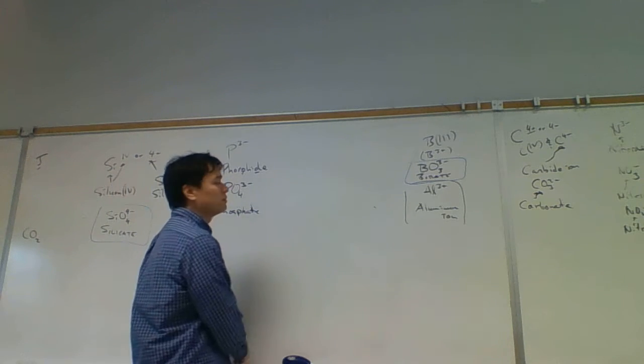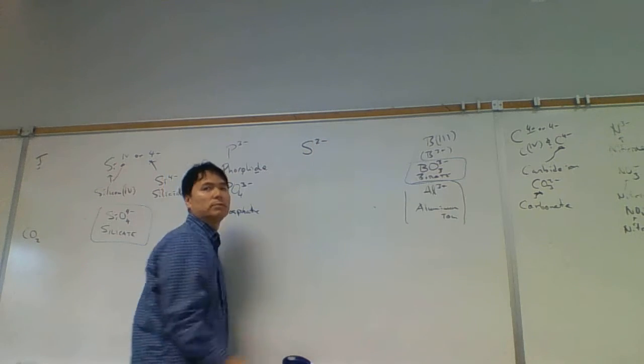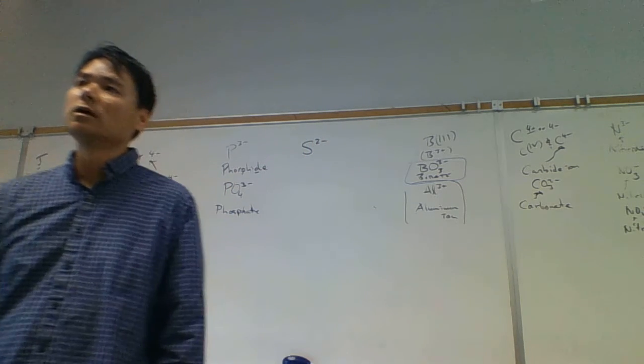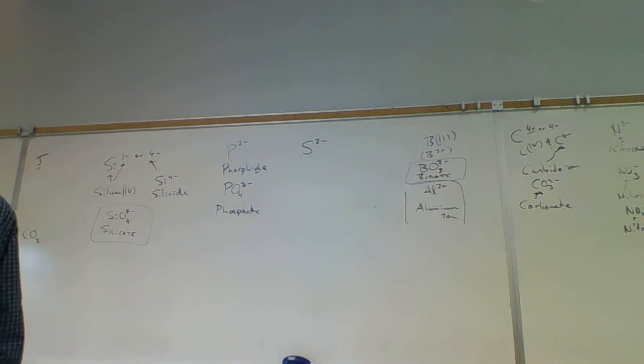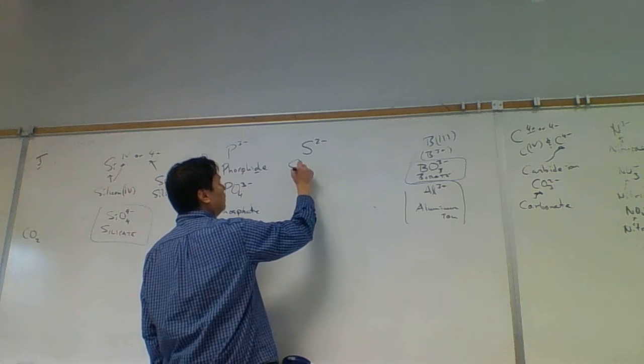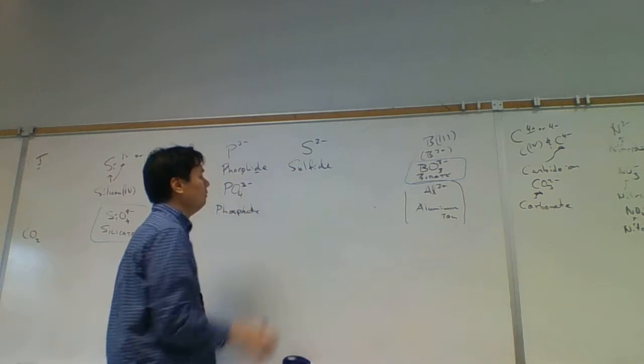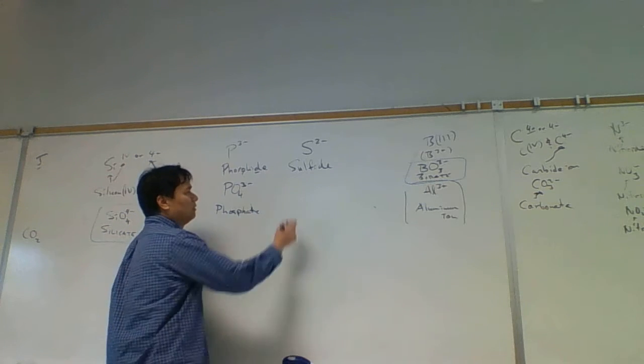And then next to phosphorus is sulfur. S2 minus is a fixed charge. What would that be called? This is sulfide. What would sulfate be?